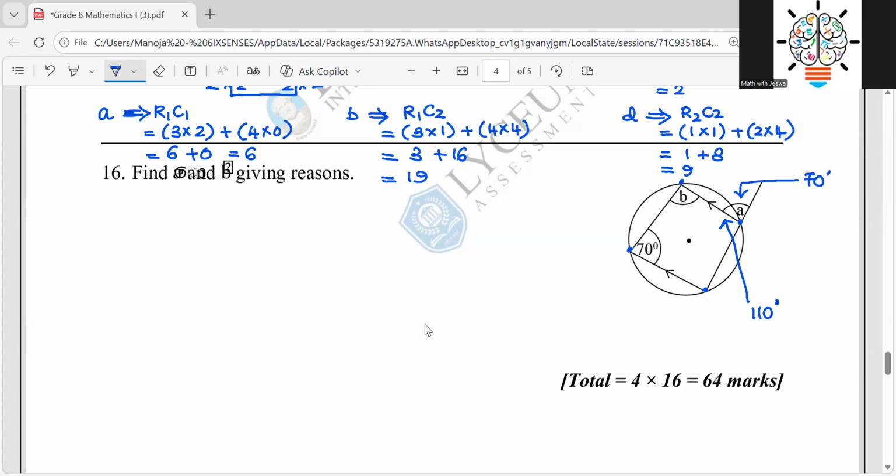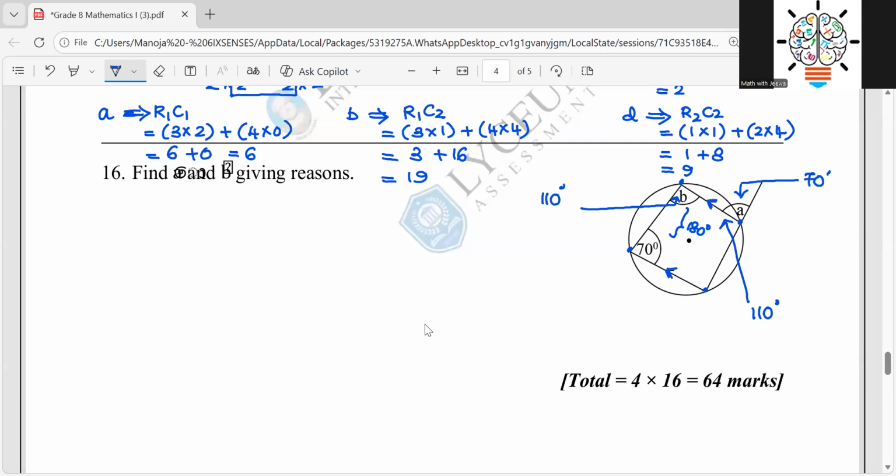If that is 70, another thing you can find is that this is B. How do you find it? That is 110. Why is that? You can see these are parallel. If they are parallel, these two interior angles should add up to 180, right?